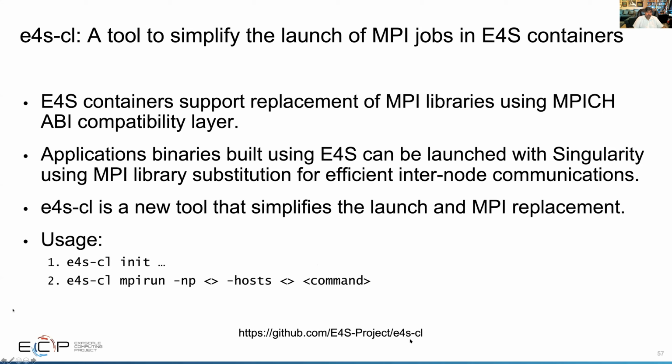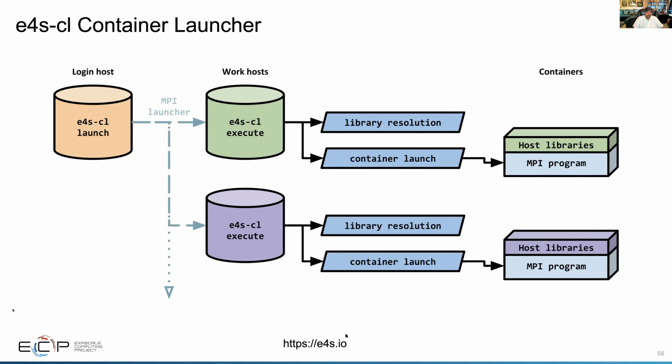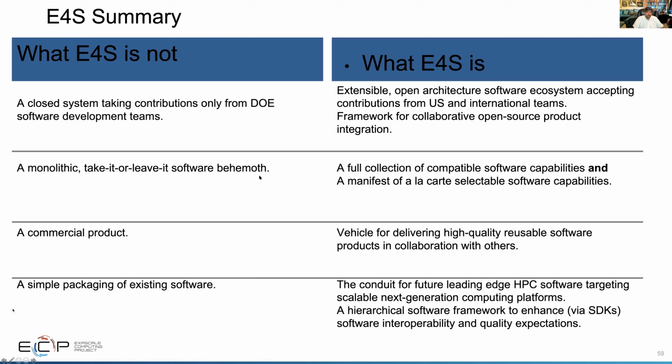We are going to use this in the hands-on to replace the MPI in your application with the Intel MPI from oneAPI. And this is the architecture of it, where you can capture all the dependency information, store it in a database, and then you can launch the job using E4S CL with the launcher command.